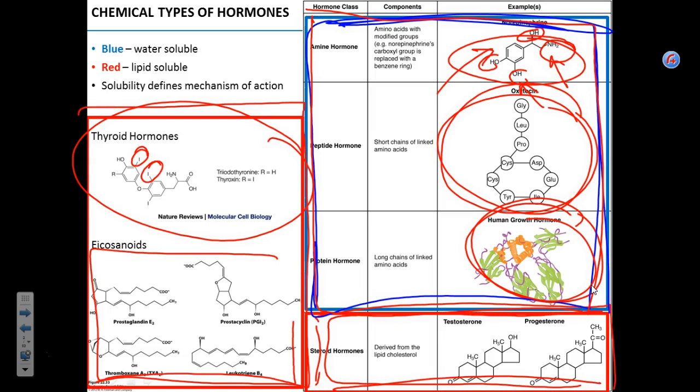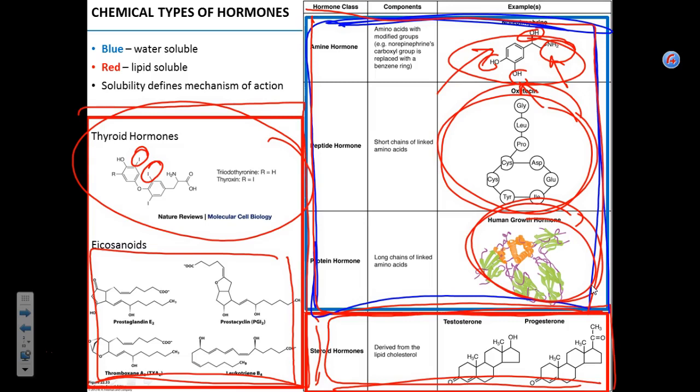And eicosanoids. Some of this you may have heard about: prostaglandin, prostacyclin, thromboxane. If you've never heard about it, you definitely inhibited the synthesis of those hormones when you take ibuprofen, aspirin, or Tylenol. Those are inhibitors of the synthesis of different eicosanoids.